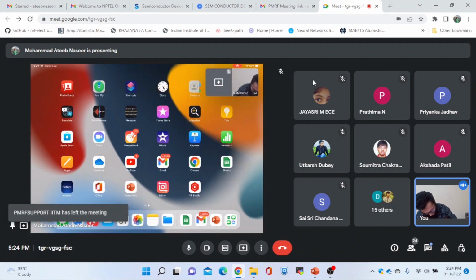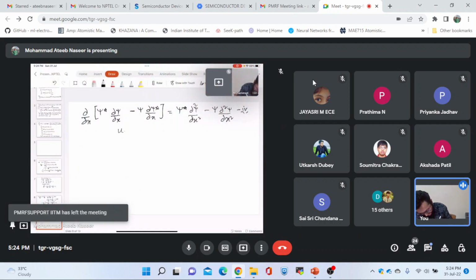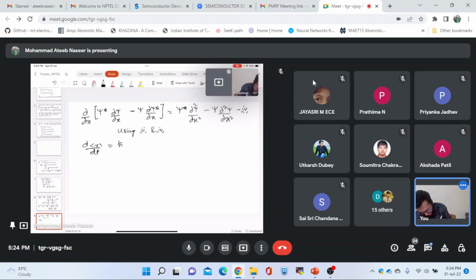Now we will use equation 3 and equation 4, and we can write dx by dt as simply equal to h bar iota by 2m.